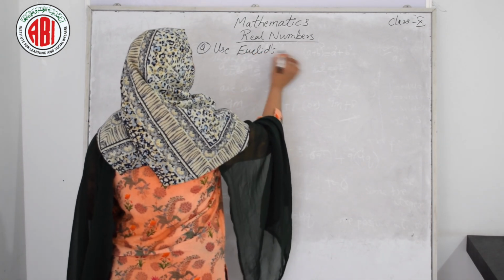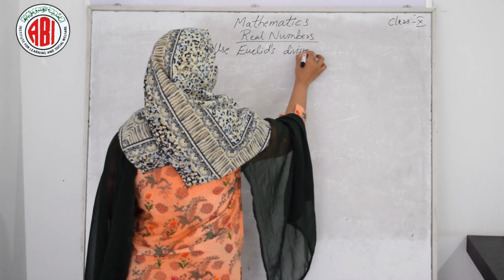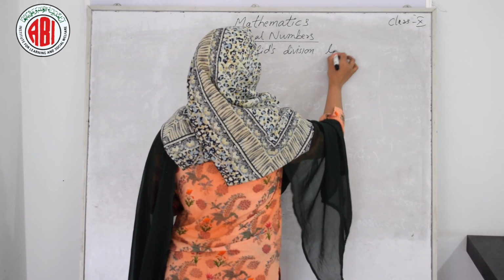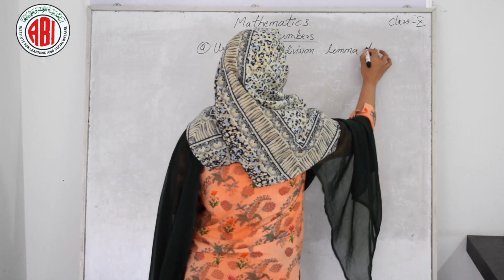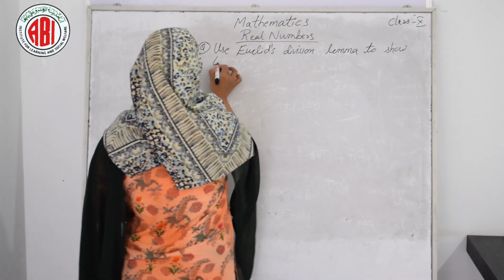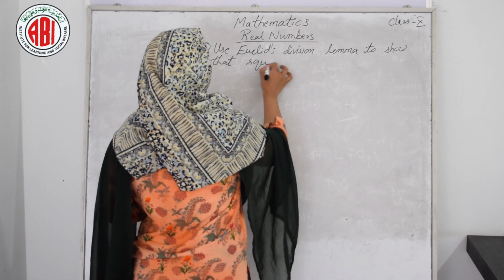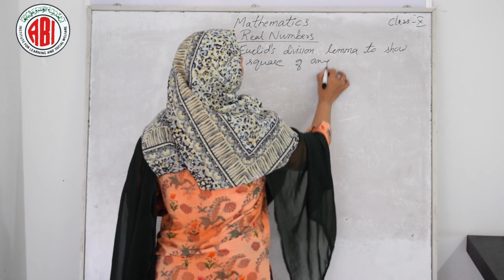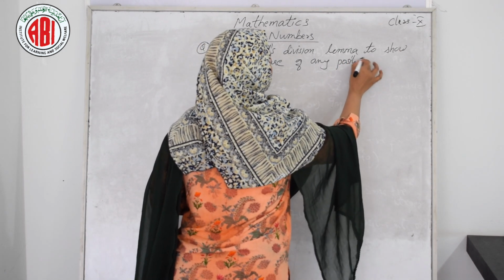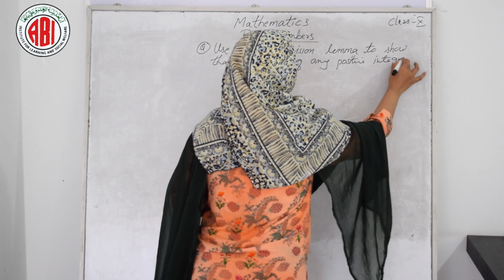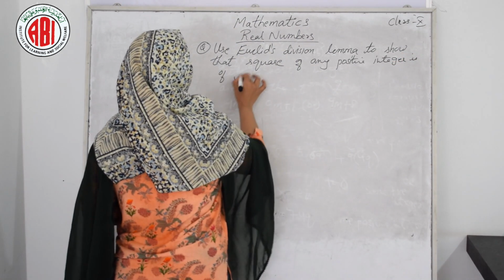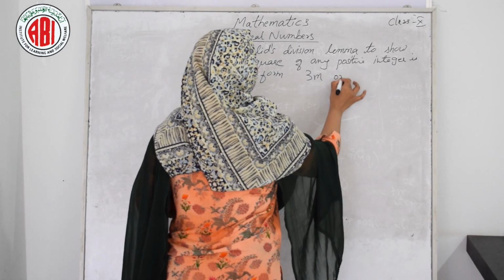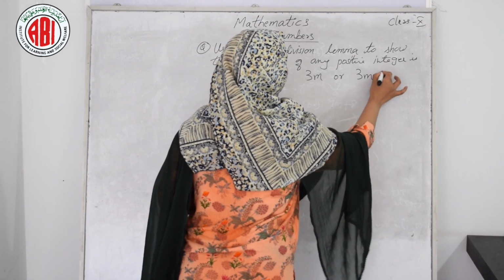Use the Euclid's division lemma to show that the square of any positive integer is of the form 3m or 3m plus 1.